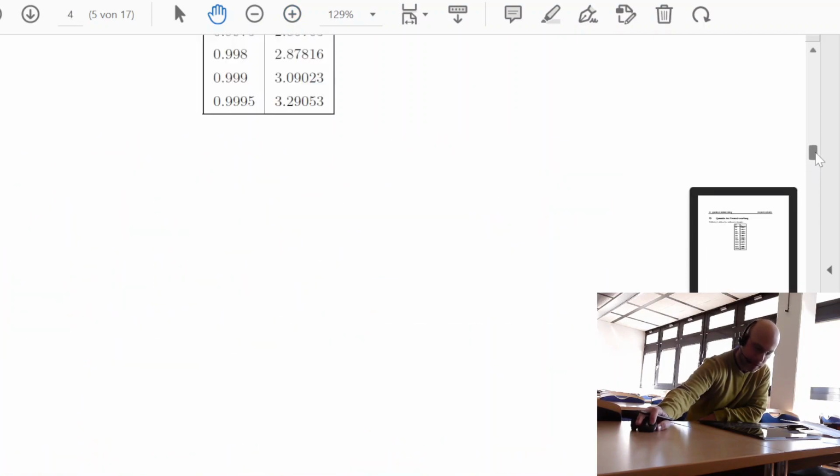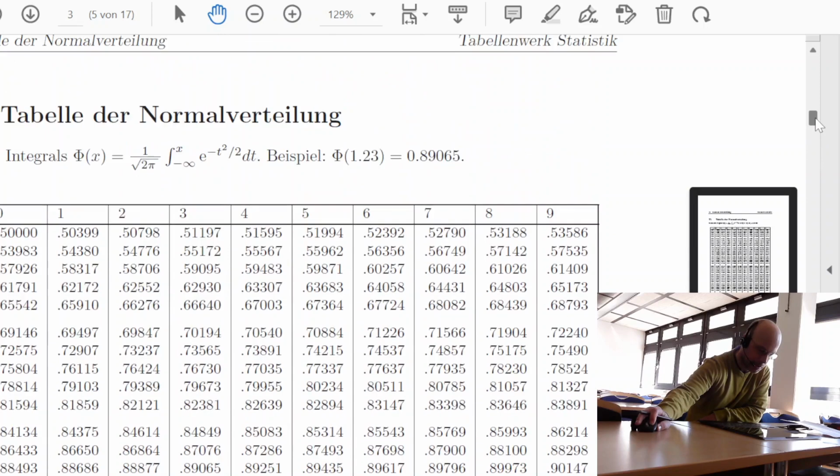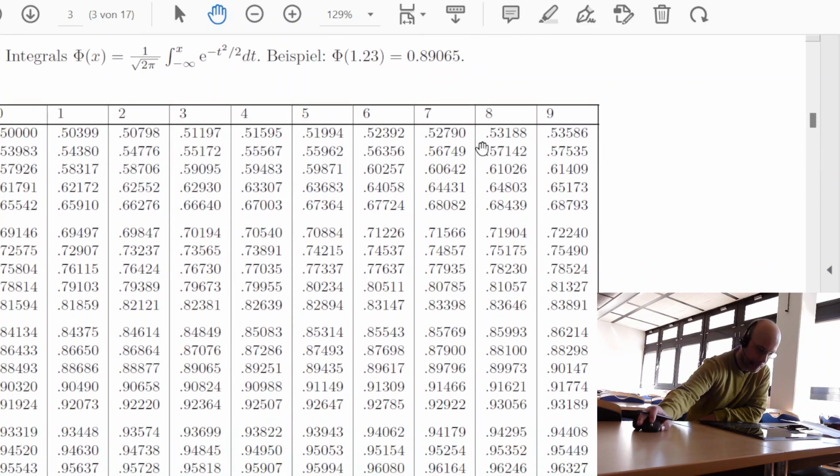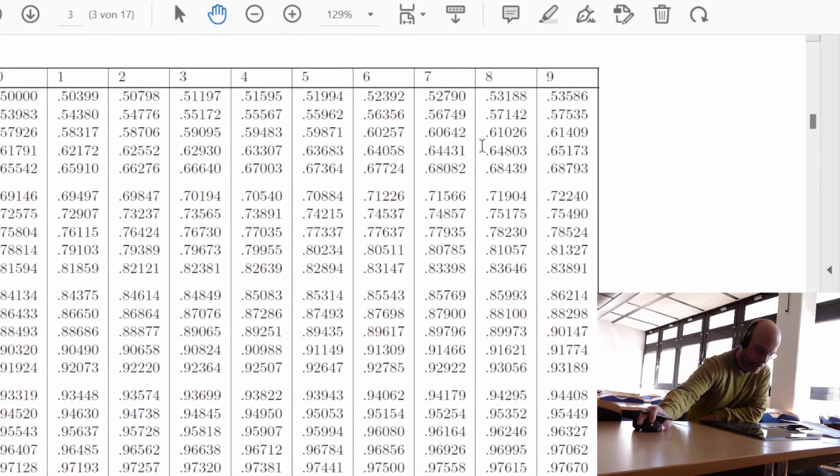We need the standard normal distribution. This is here. So how do we find the 1.96 in this table?